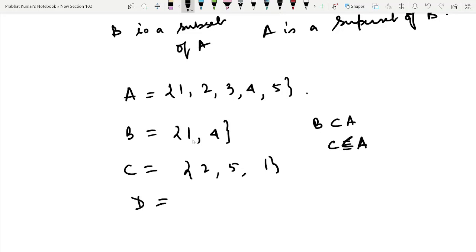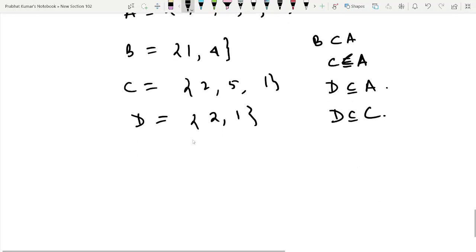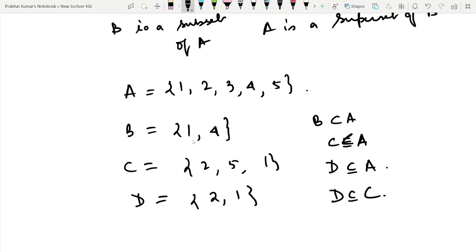Let's say D is 2 and 1. Obviously D is also a subset of A, and D is also a subset of C. You can easily check that these relations hold. So these are the basic notations of subset.